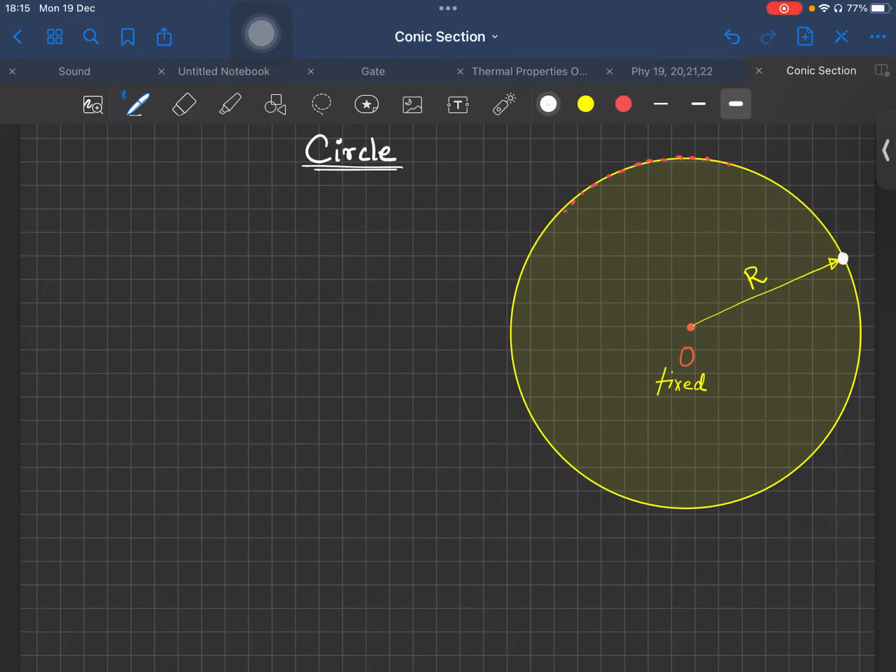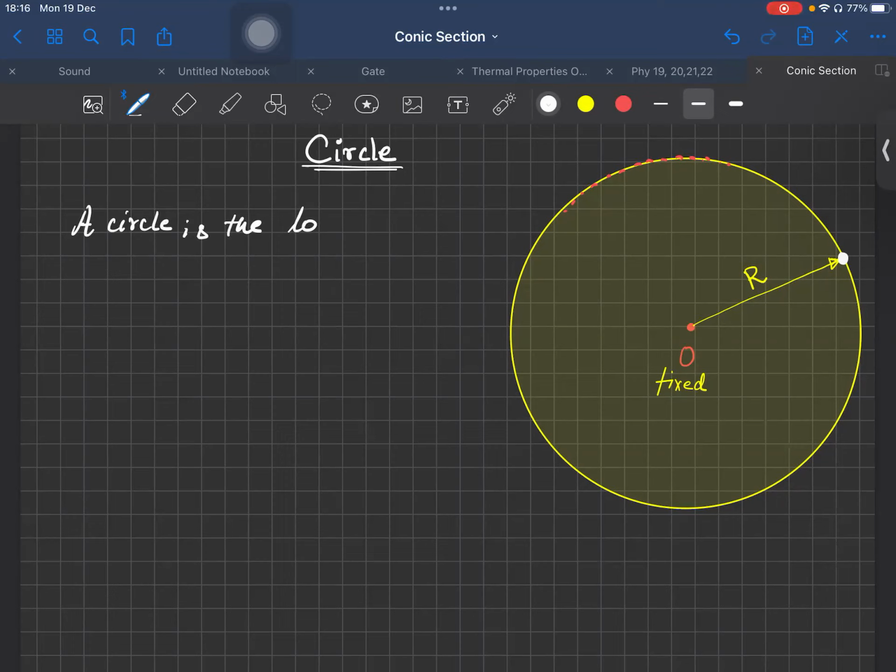Let me write the definition. The definition is important. Why I'm giving you definition suddenly instead of equations is because those equations are defined using these parameters.